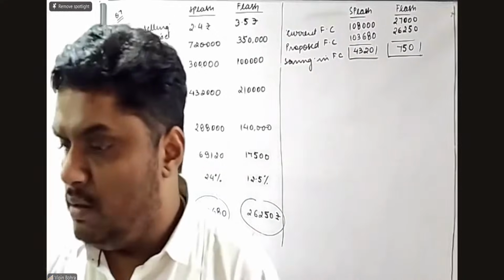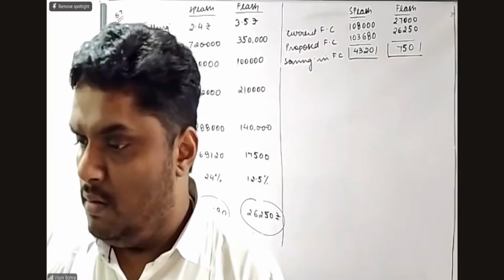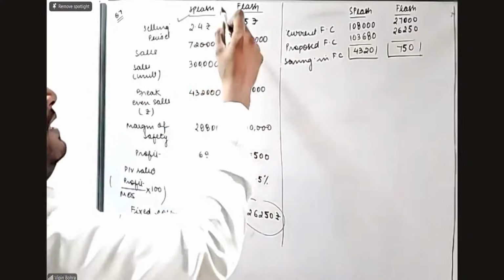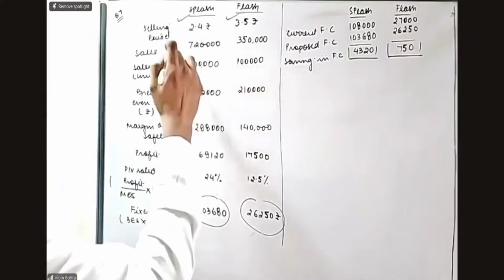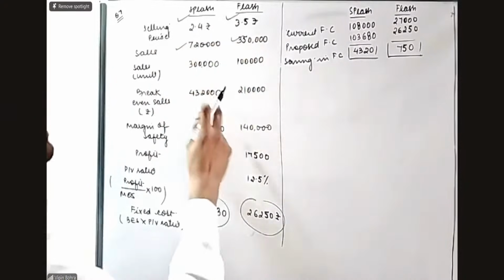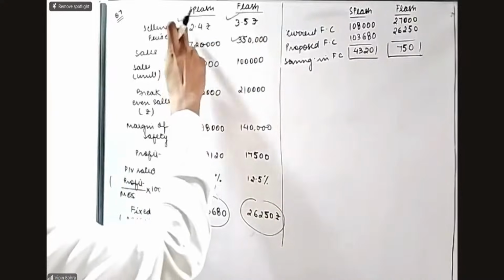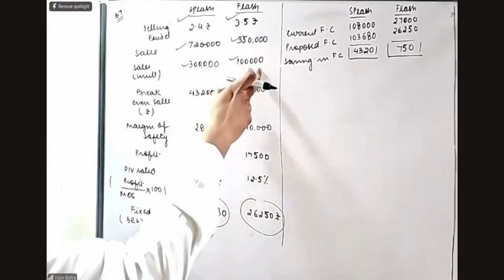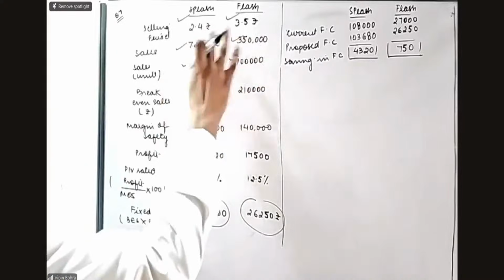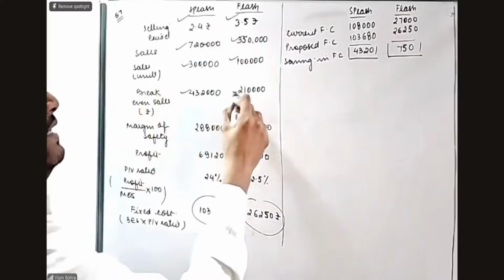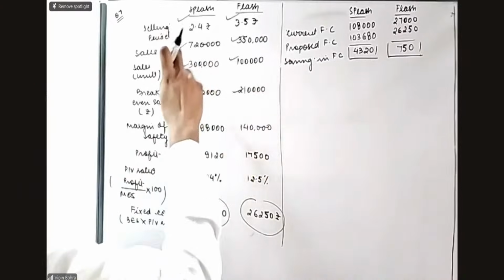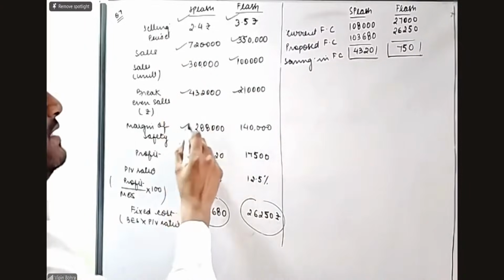Yes, Pooja. See, Mujahid, I'm just writing the question. Selling price, this is calculated. Sales is given in the question. So if we divide sales by selling price, we will get the units. Now sales is given, we can calculate the break-even sales, that is 4,32,000 and 2,10,000. Now actual sales minus break-even sales is margin of safety.